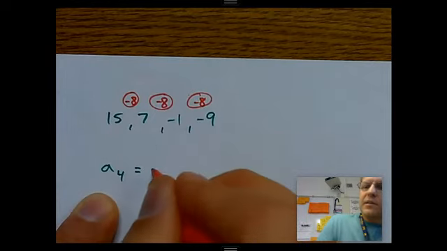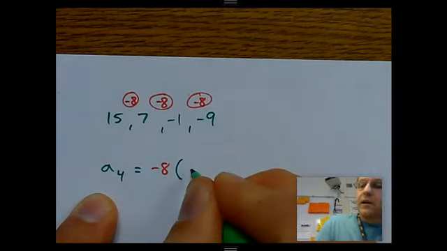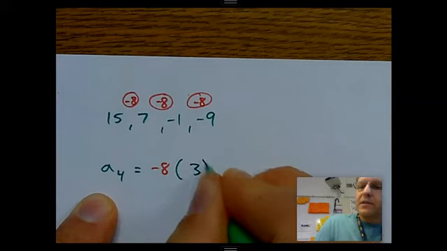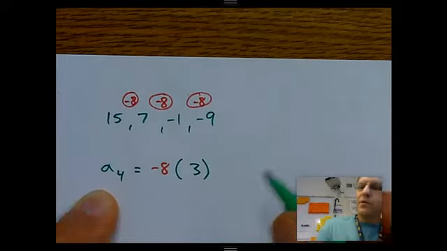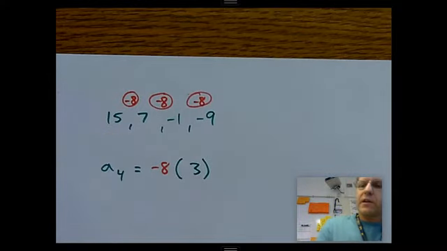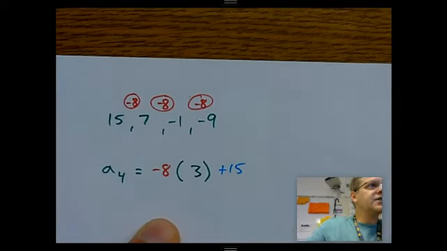So that means I'm going to subtract 8 3 times, and then you have to put where you're starting. And I'm starting on number 15. So let's see if that actually works.